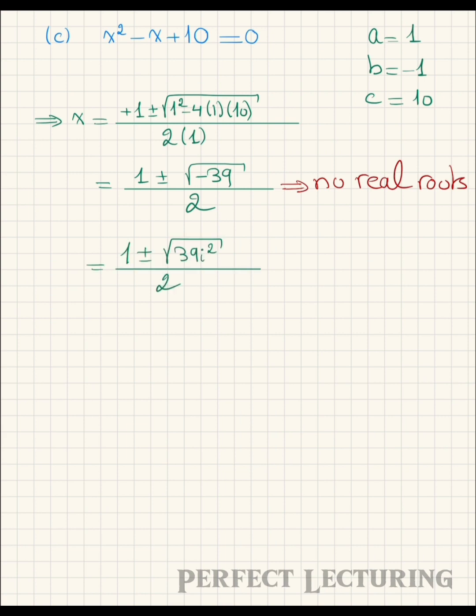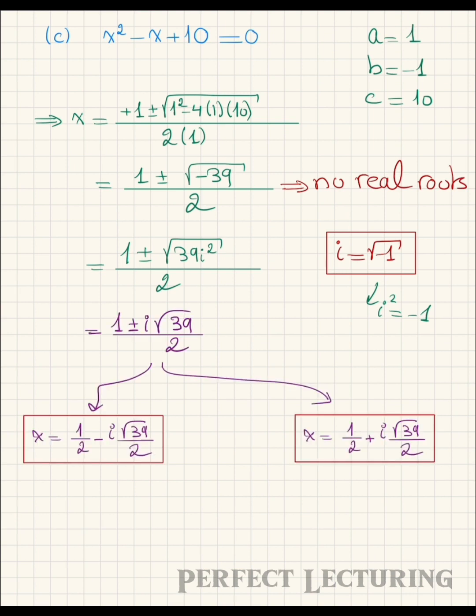We convert the -39 into 39i squared, and as I explained in the sets of numbers video, i is an imaginary number which is equal to the square root of -1, or equivalently, i squared is equal to -1. We then continue as usual, and the answers are x is equal to half minus i root 39 over 2, or x is equal to half plus i square root of 39 over 2.